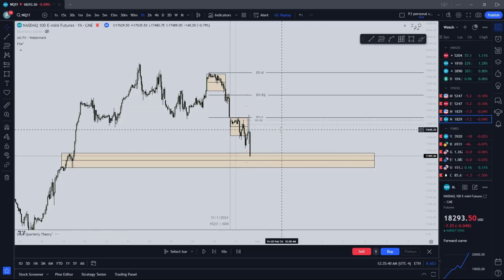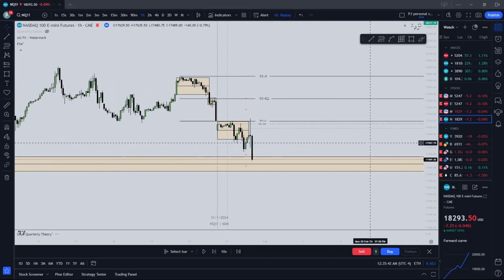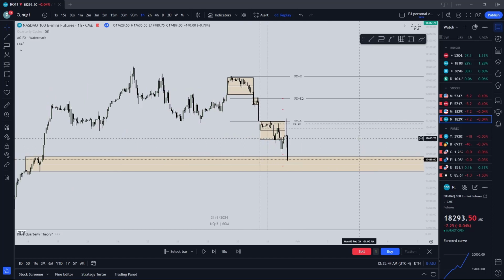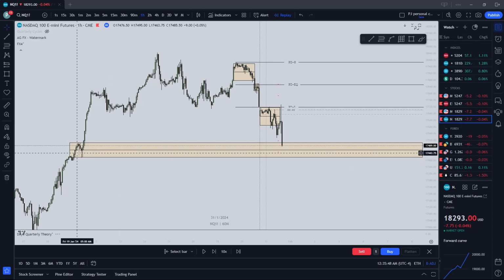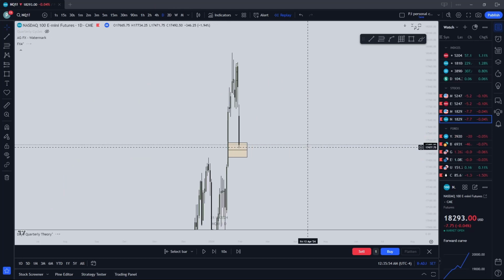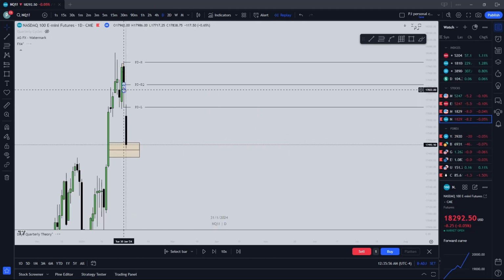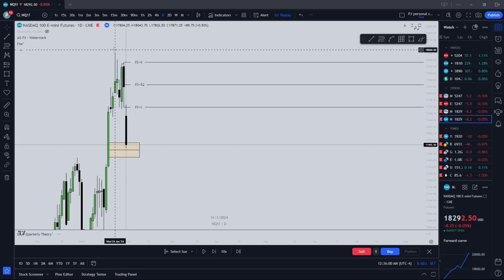Coming into the case study, we see a 1-hour market maker model, with our PDA being a 4-hour order block and a daily fair value gap. We see that we have a left low, resistant highs, as well as a close above 50% of this rejection block candle.